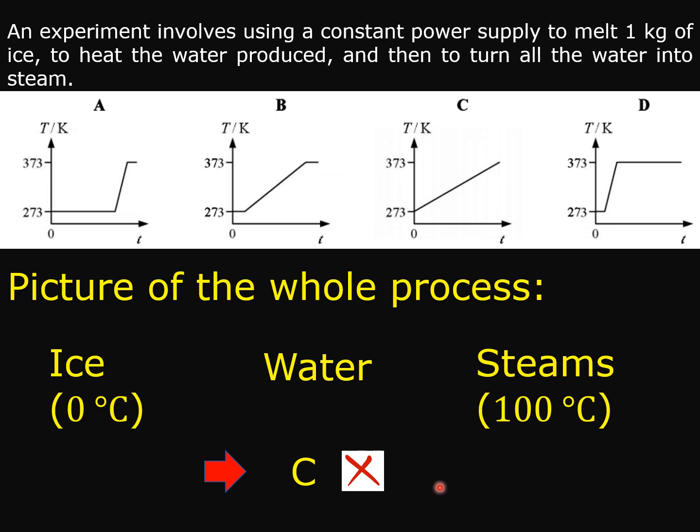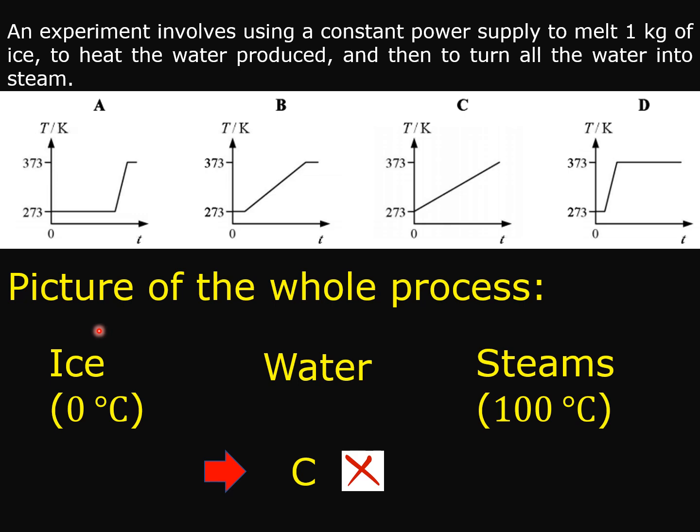When we apply heat to the ice, it will start to melt, and then change to water completely. If we continue to provide heat to the water, the water will increase its temperature until it achieves 100 degrees C, and it starts to change into steam.